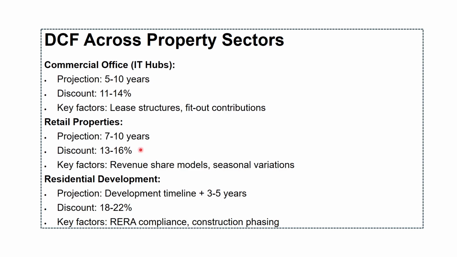Key factors include minimum guarantee rent versus revenue share model, festive season sales spikes affecting percentage rent, common area maintenance recovery, and higher tenant turnover compared to office spaces. For residential development projects, projection periods are based on development timeline, typically 3 to 5 years, with a discount rate of 18 to 22% due to development risk.